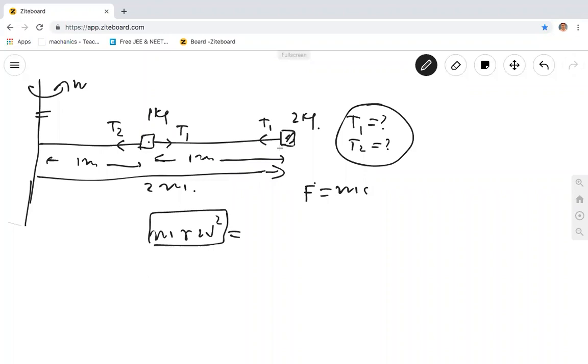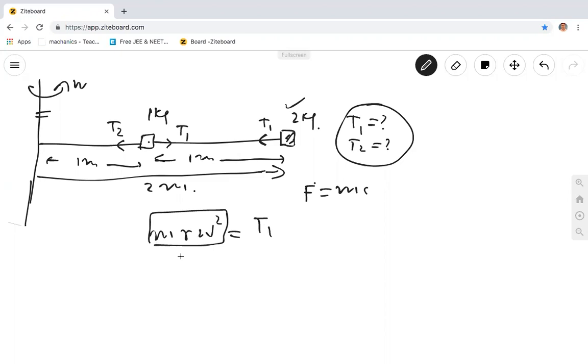This is the centripetal force needed to move this object in a circle of radius 2 meters. Who provides this force? Because it's a requirement, that requirement has to be provided by a real agent. Who is the real agent? T1. That is right. So this centripetal force is provided by T1.